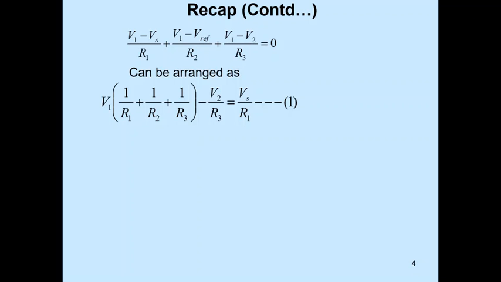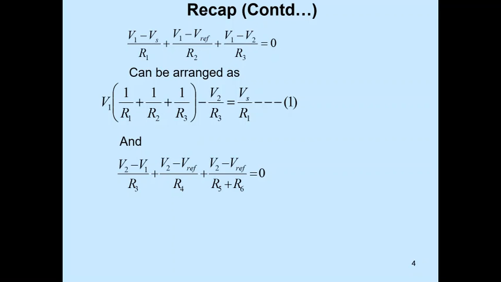And this equation can be arranged in another form, that is V1 into (1 by R1 plus 1 by R2 plus 1 by R3) minus V2 by R3 is equal to Vs by R1. By rearranging the nodal voltage equation, we can write it like this.